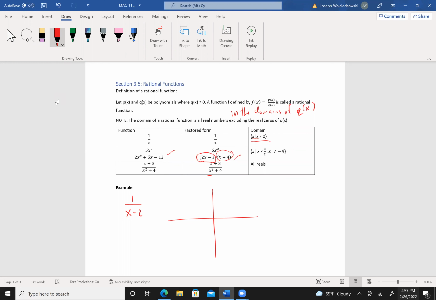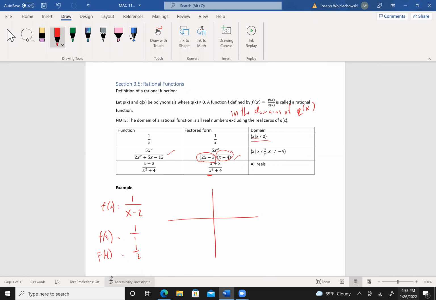So what happens? f of x equals 1 over x minus 2. As x gets large, let's just do f of 3, and that's 1 over 1. f of 4, that's 1 over 2, and so forth.